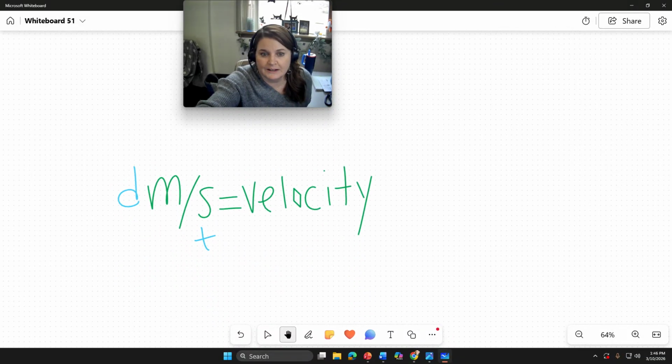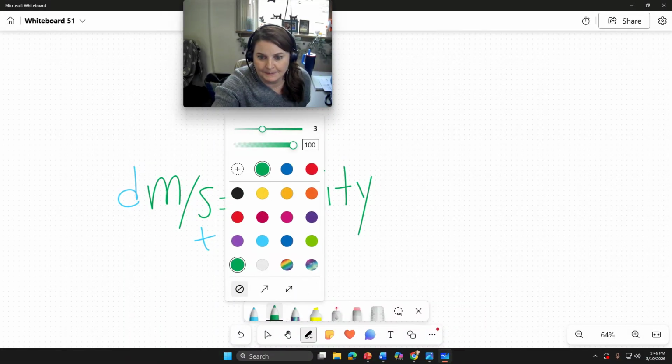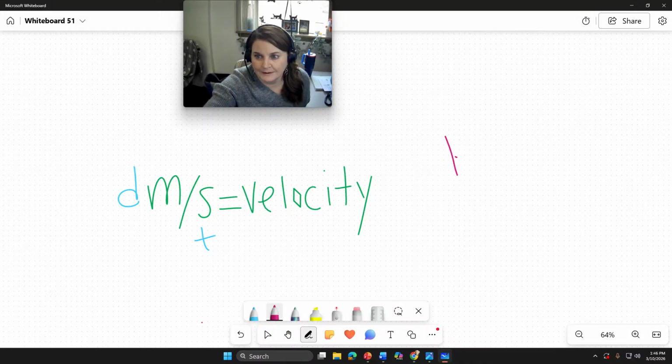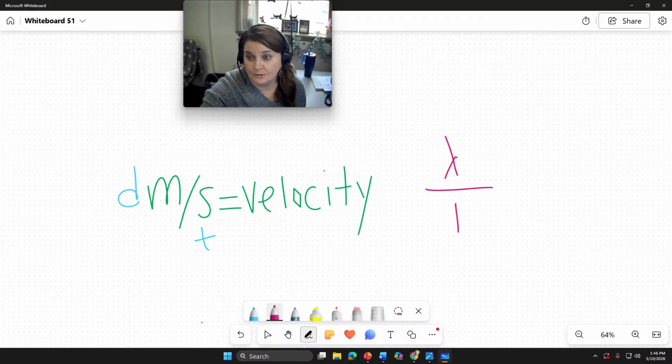So instead of D for distance, let's plug in wavelength. And time, in this case, is the period, the time it takes for one cycle. So wavelength divided by period is equal to velocity.